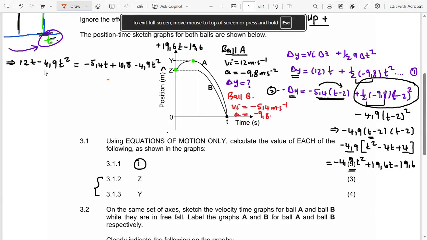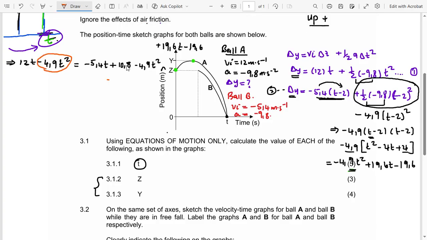I have minus 4.9t squared on this side, and minus 4.9t squared on that side. You can see that if this one goes to this side, it will be positive. So those two will cancel. So those two are out. This side I'm only left with 12t, and this equals, I need to add the like terms this side.